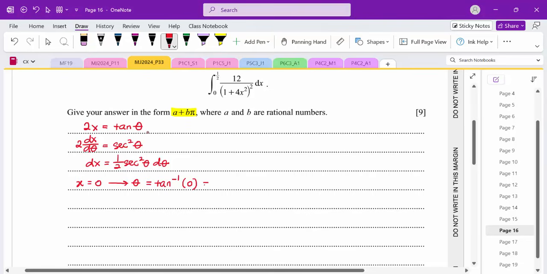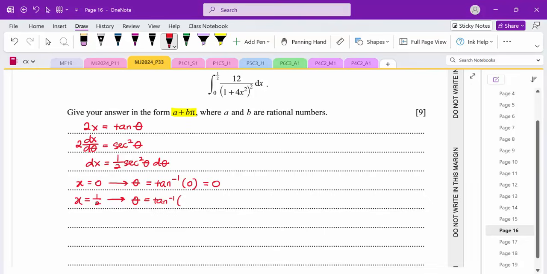So tangent inverse 0, you get a 0. Then when my x is equals to half, what's the value of theta? Again, substitute into the equation, tangent inverse of 2 times x. So 2 times half, you are getting a 1 here. So tangent inverse 1, you'll be having pi over 4, 45 degrees.